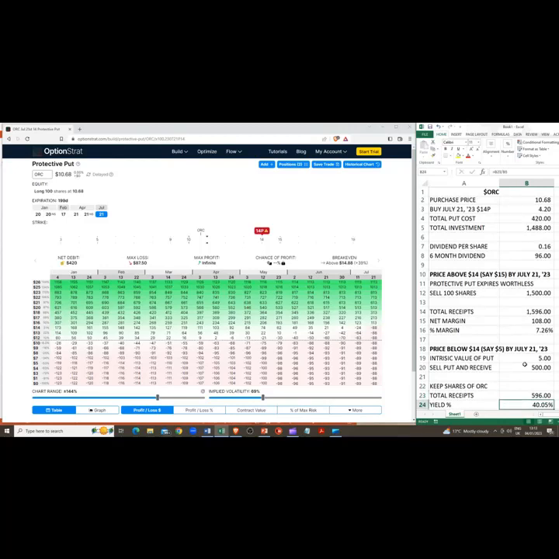This will mean that you have a yield or income generated from owning the shares of about 40.05% within that period when you compare the $596 to the $1,488 investment that you've made. So this is an illustration of how you could benefit depending on if the price of the ticker symbol goes up or down with specific values.